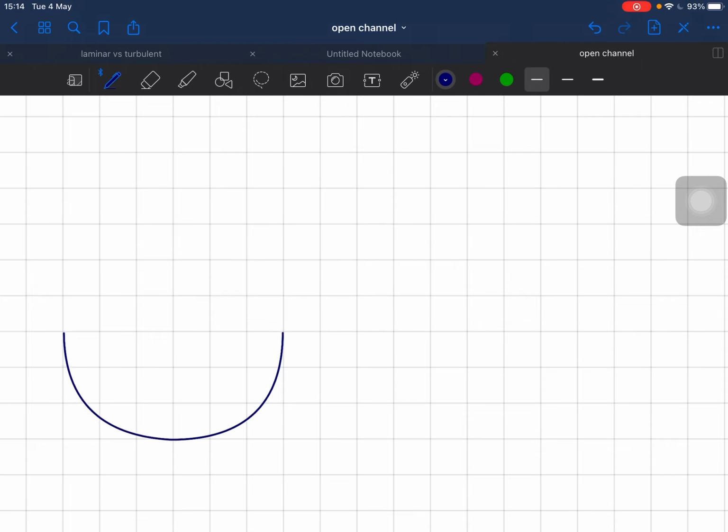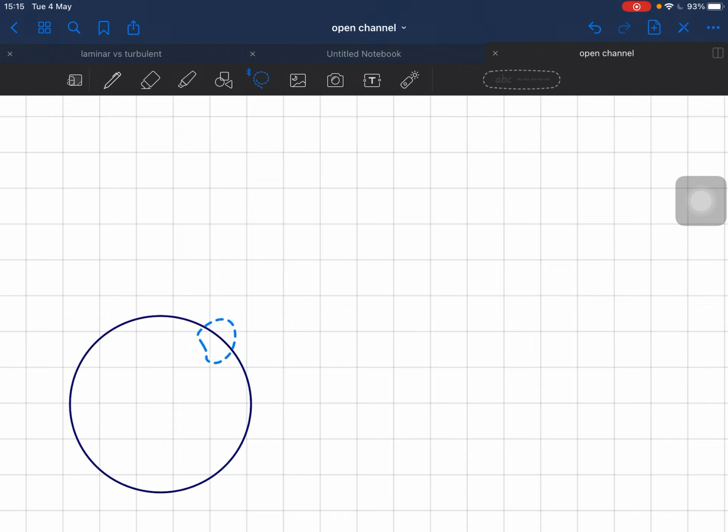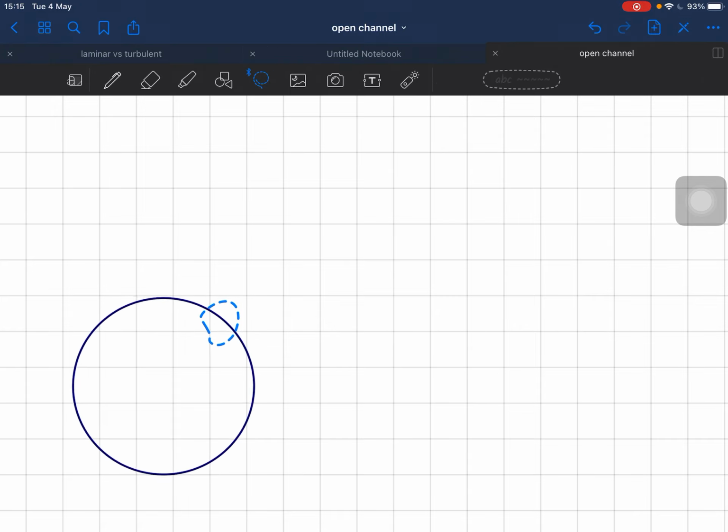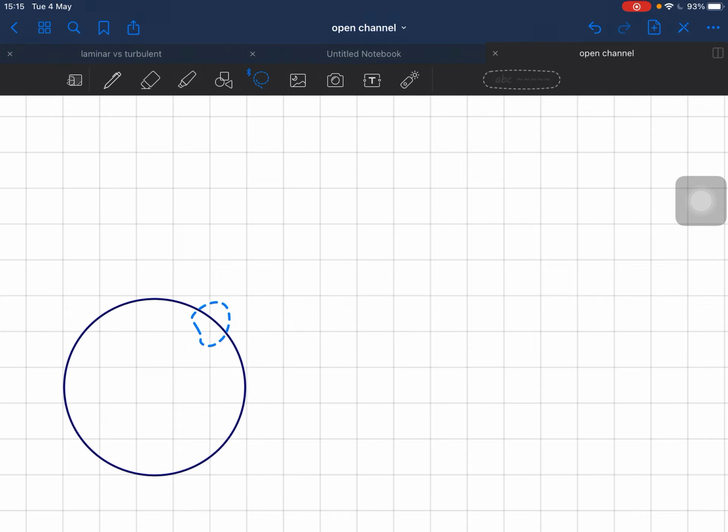Does it look like a half circle to you? If it looks like a half circle to you, then it looks like a half circle to me. Okay. I'll draw a circle for here first. I don't know if GoodNotes has the option to draw the half circle for you. This is what the channel looks like.